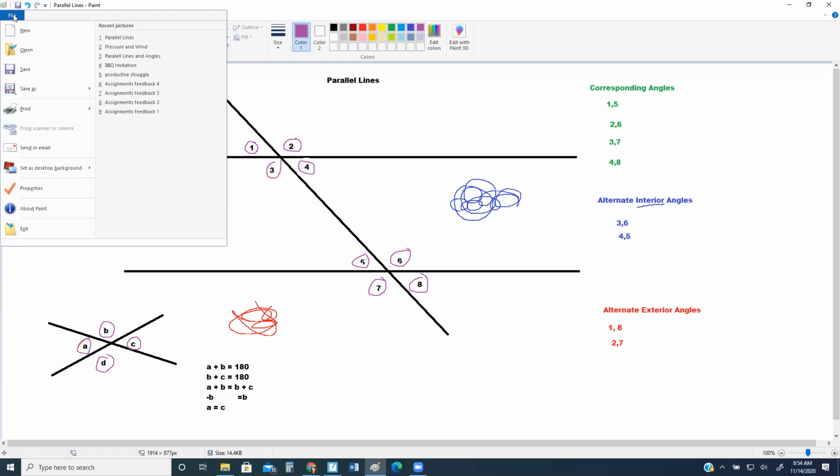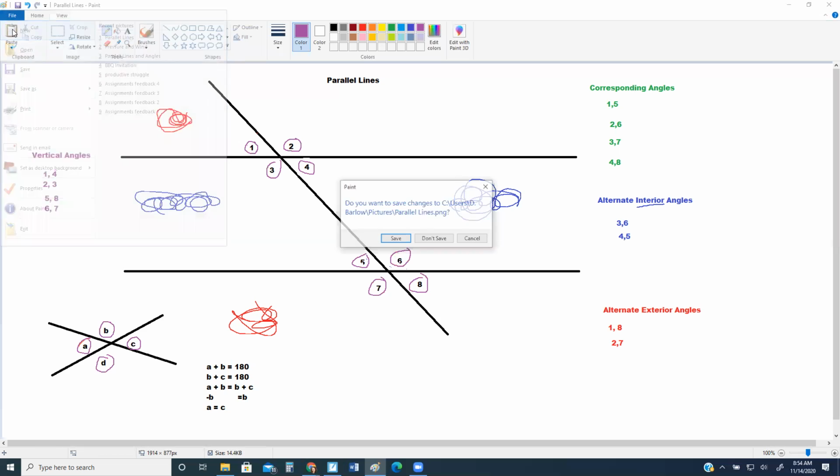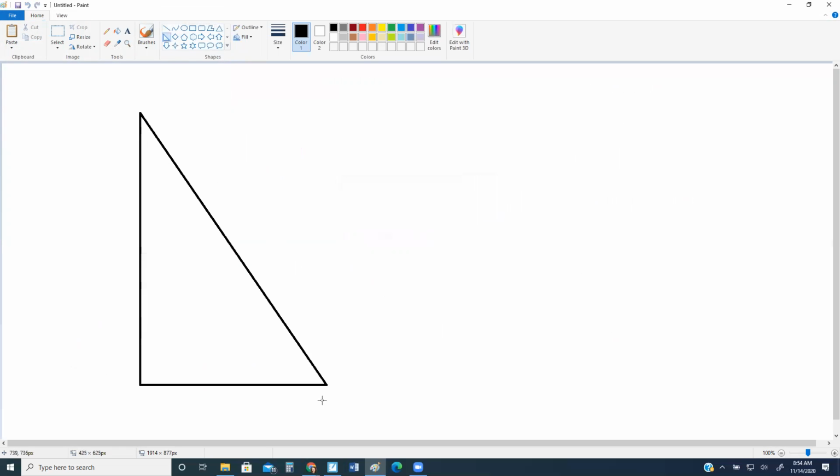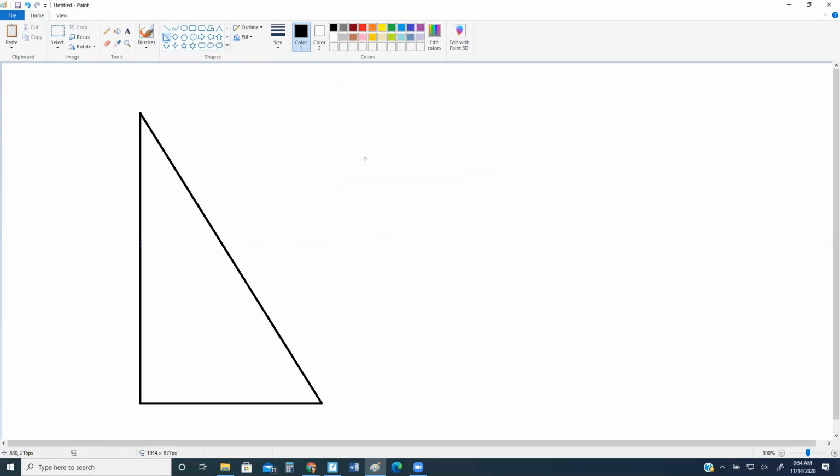Then we also have the fact that the angles on the inside of a triangle are always going to be 180 degrees. Now this one, I know that this is 90 degrees. I am going to estimate that this one's probably 70 degrees. So can I figure out what angle x is?